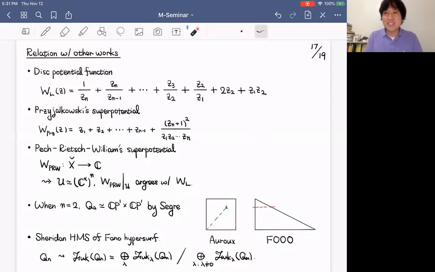Of course, one can directly construct a Lagrangian. Their Pech, Rietsch and Williams mirror has its own anti-canonical divisor on the space, but there's no Lagrangian torus there. It would be interesting to directly look at their anti-canonical divisor in their setting, usually given by the projective Richardson variety or something like that.